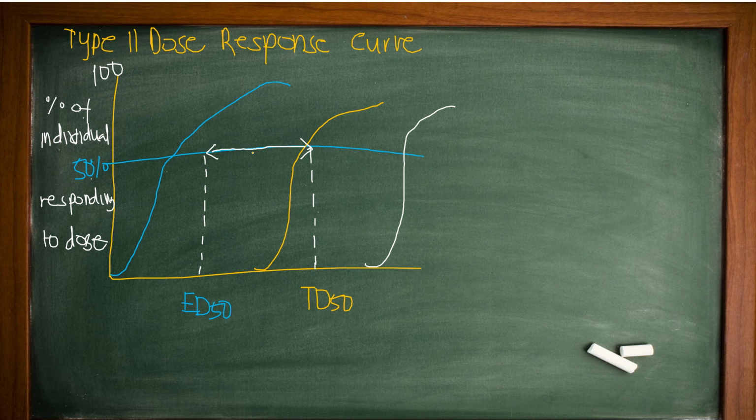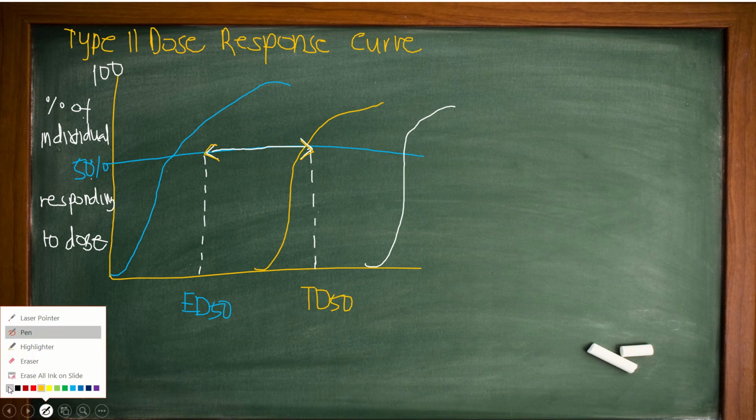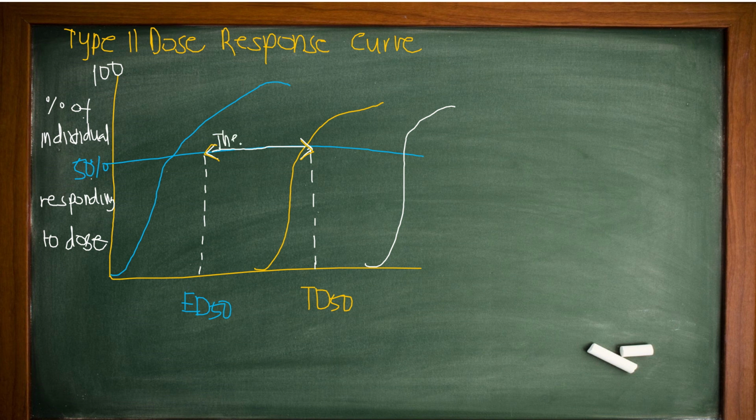That line between ED50 and your TD50, the difference between them is termed as, ano ulit ang tawag natin doon? Yes, very good. That is what we call the therapeutic index, the relationship between your ED50 and TD50.